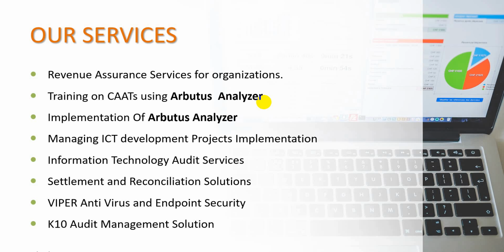Then we train on CAT solution using Arbutus Analytics, and do the implementation as well. And then we run other services as well. So we also implement ICT development projects, information technology audit services as well. And then we also look at the settlement and reconciliation automation solution.